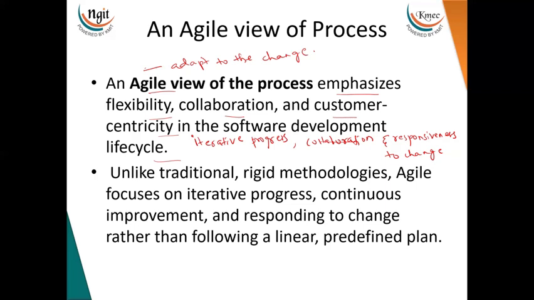So that is the importance of agility. Unlike traditional rigid methodologies, agile focuses on iterative progress, continuous improvement, and responding to change rather than following a linear or predefined plan.